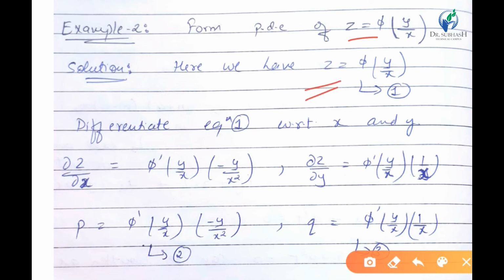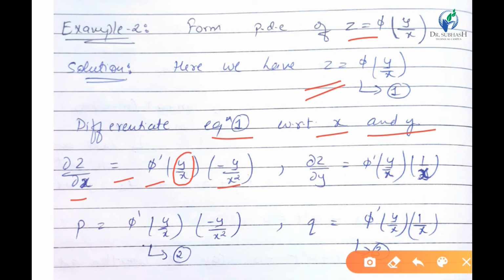First we differentiate equation 1 with respect to x and with respect to y. On differentiating with respect to x, we get del z by del x equal to phi dash of y by x, and now we differentiate the inner portion. y will be as it is, and the differentiation of 1 upon x will be minus 1 upon x square.